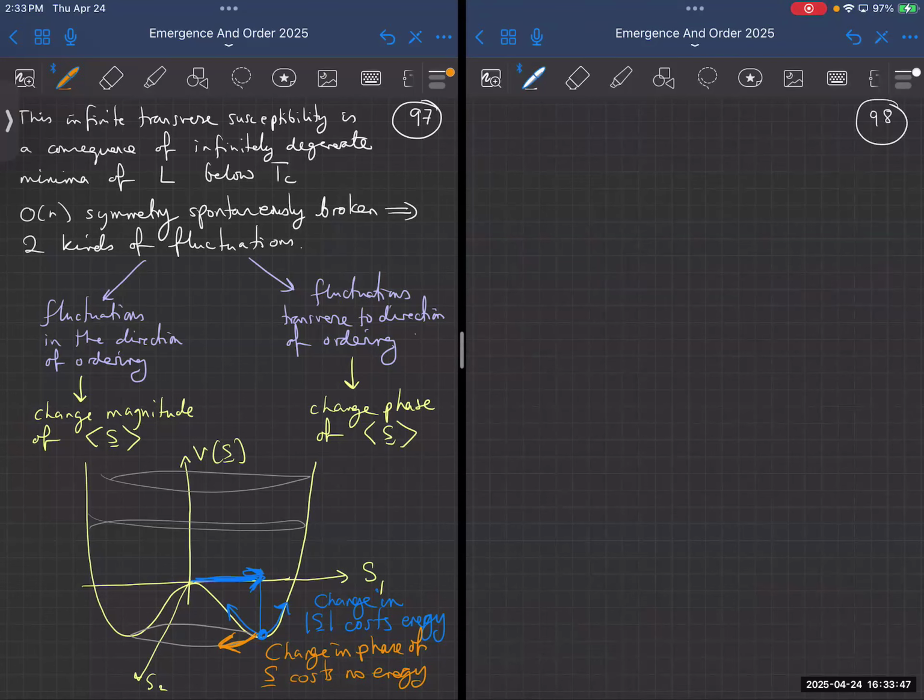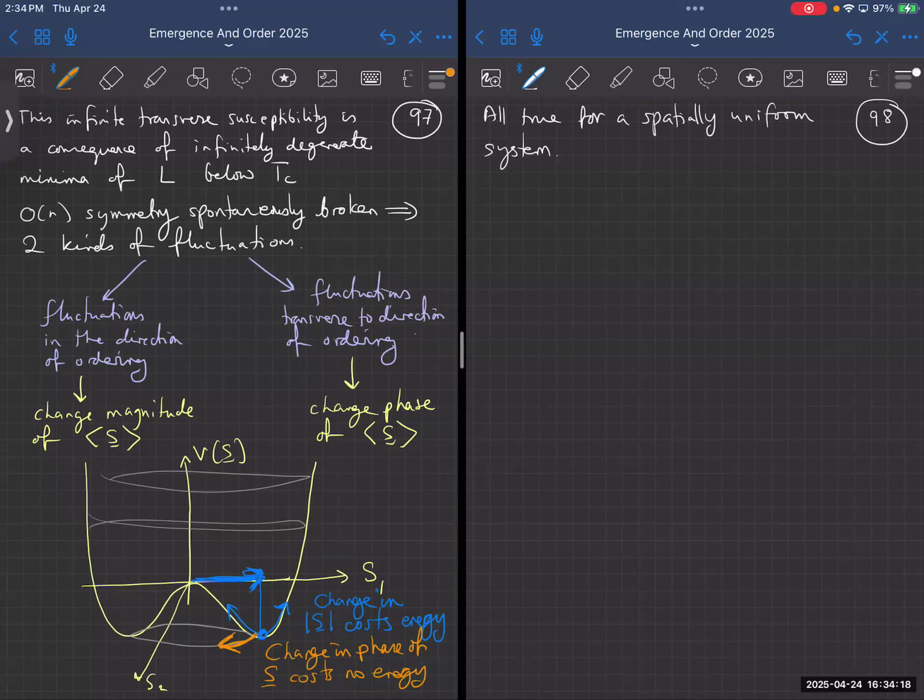So everything I've drawn on the left-hand side is all true for a spatially homogeneous system. We don't have a spatially uniform system. We have a system which has got thermal fluctuations. So at different points in space, the order parameter S has different values, different directions, different magnitude.